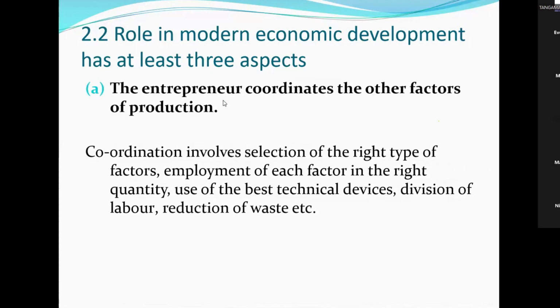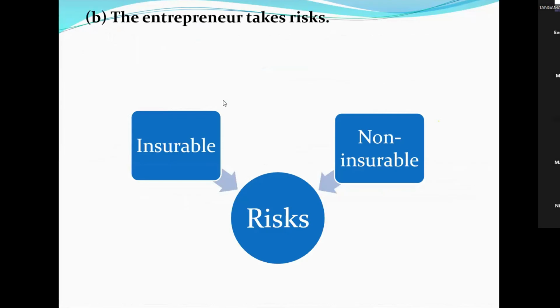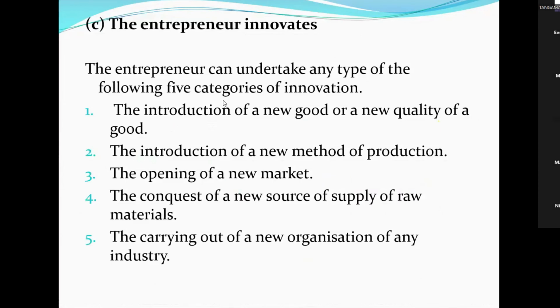Also it takes risk, where you have risks which are insurable and non-insurable risks. Some risks are insured and others are not, but as an entrepreneur you take all of them. Also the third one is that the entrepreneur innovates, as we talked about previously.